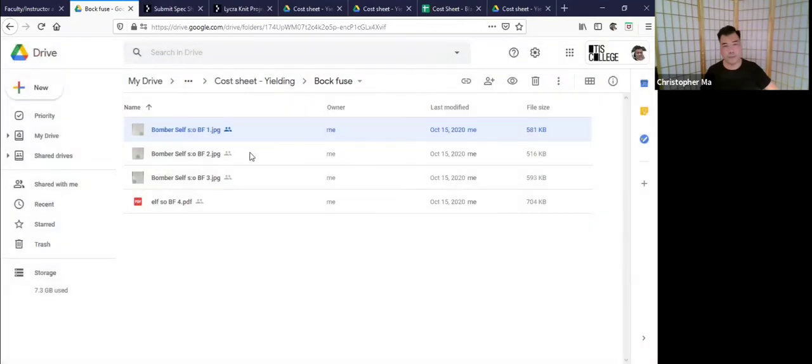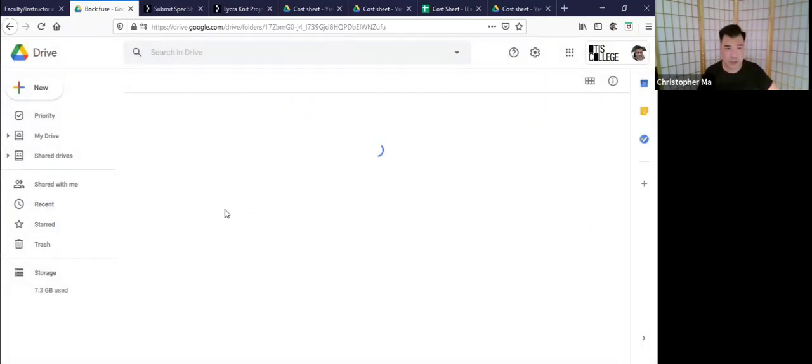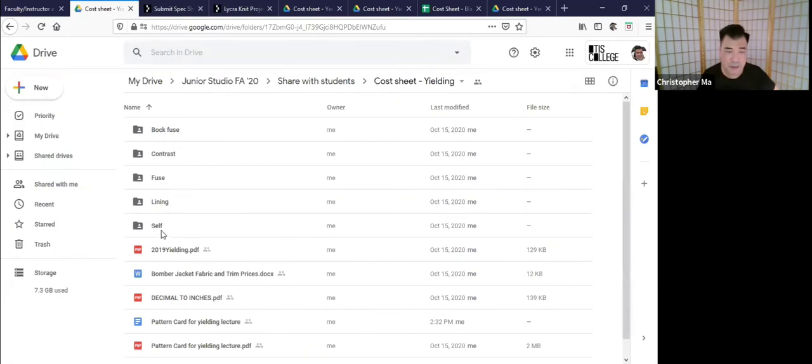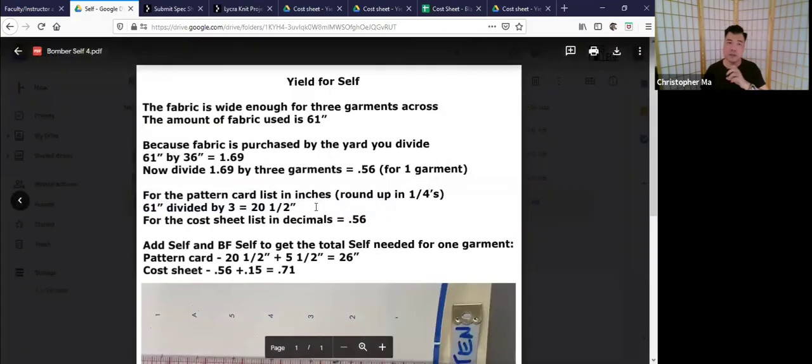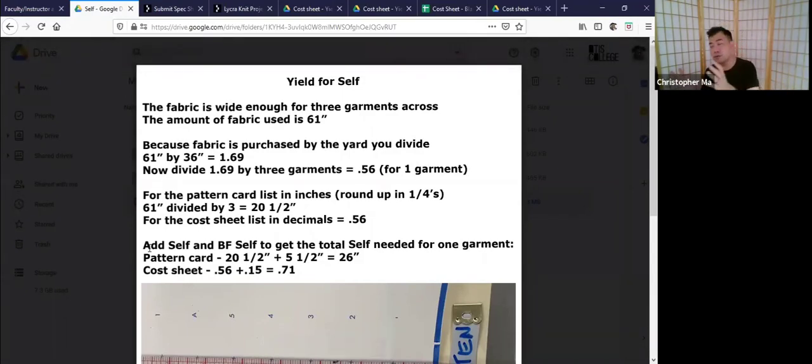Okay, let's go back. So we're done with the block fusing. Let's go back to the previous one, the self. That's still how much you need for the self. At the very end, after you have the one by itself with no fusing on it, and you know how much you need for the block fusing, you add the self and the block fusing portion of the self and get the total self needed for one garment.